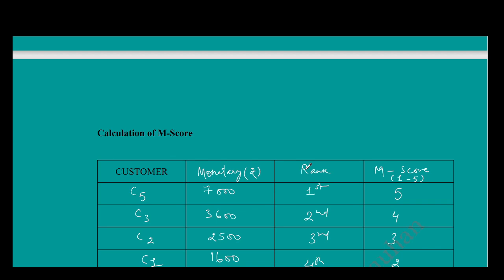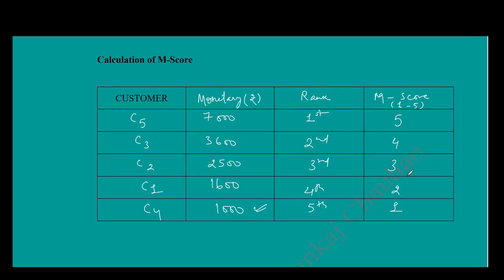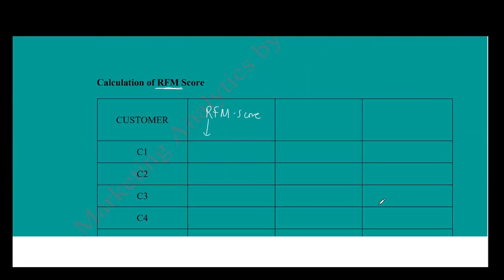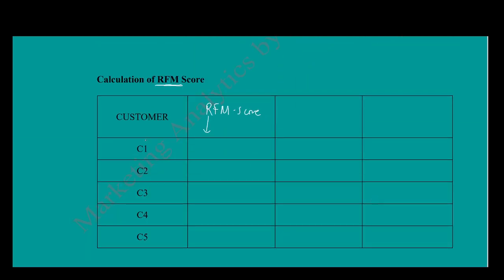and 2 was the M score. So here we'll write 1 plus 5 plus 2. That was the individual R score, that was the individual F score, and that was the individual M score. Now we'll take the sum of these. So this is 8.